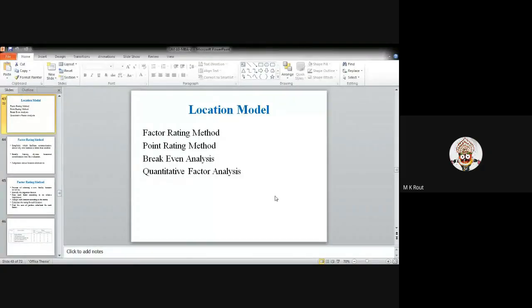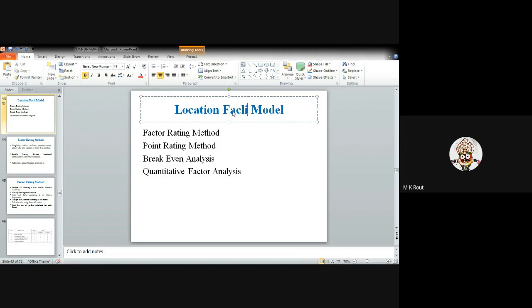Then next write down location facility technique or model. So it's a step or heading? It's a heading. Location facility techniques or location model. The first one, just note down, is factor rating method.